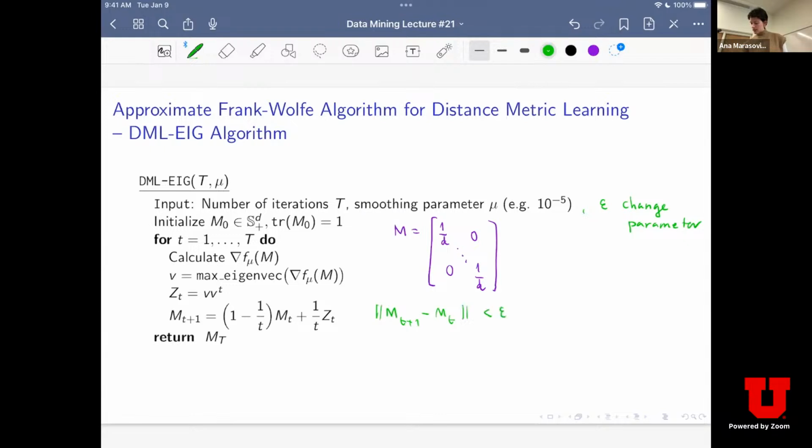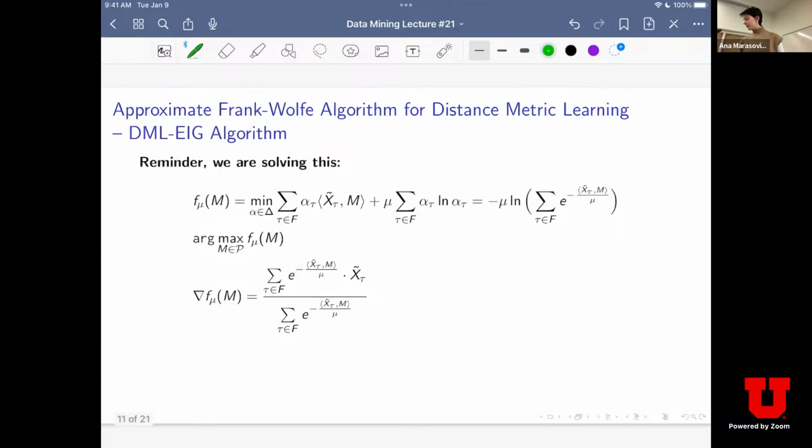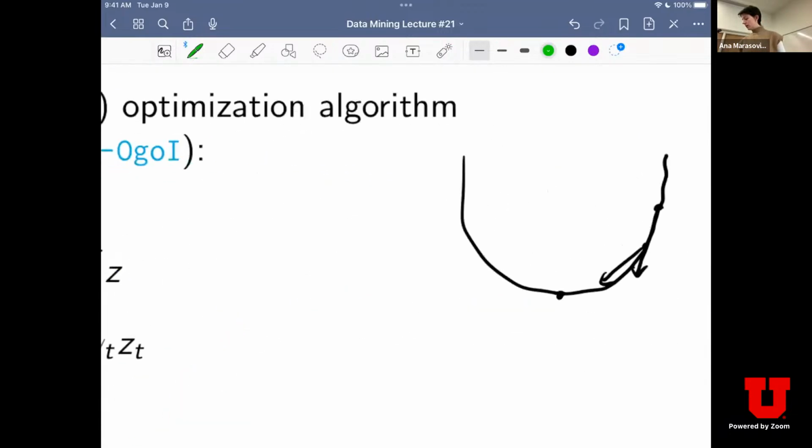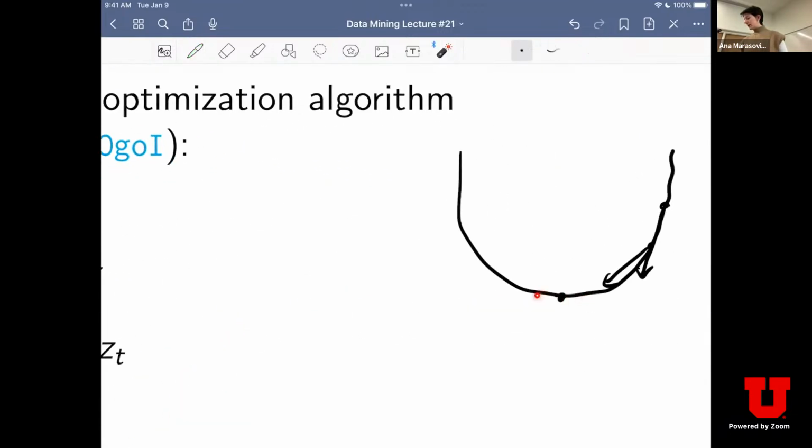And if that difference is too small, then you say, I'm not changing anything anymore, and I think it's a good place to stop. You can imagine that if you come to this valley over here, you can't move too much because you're kind of stuck, right? So this is basically what's happening.